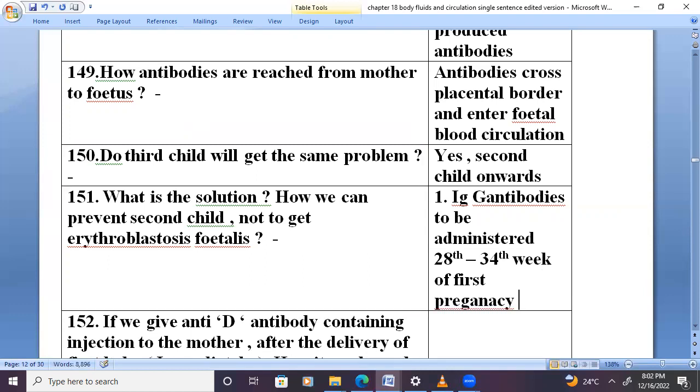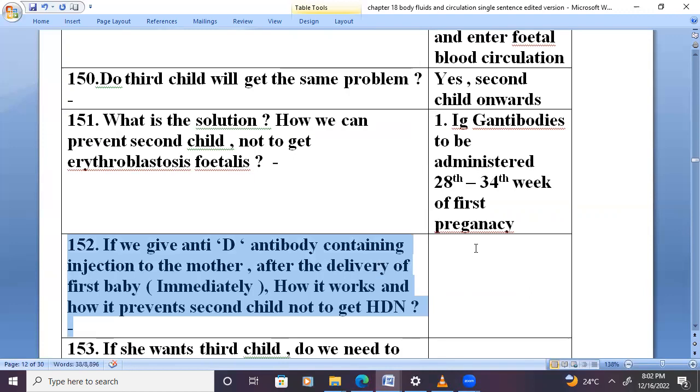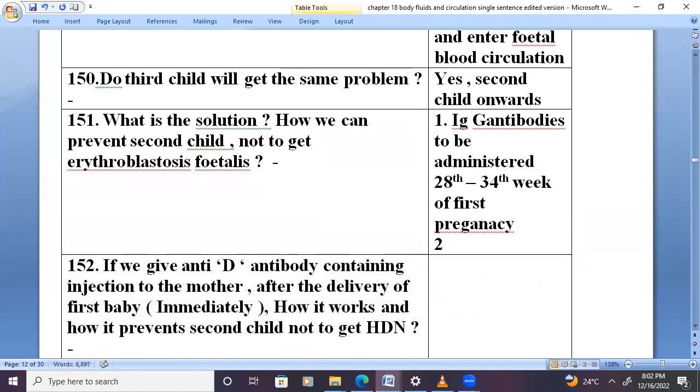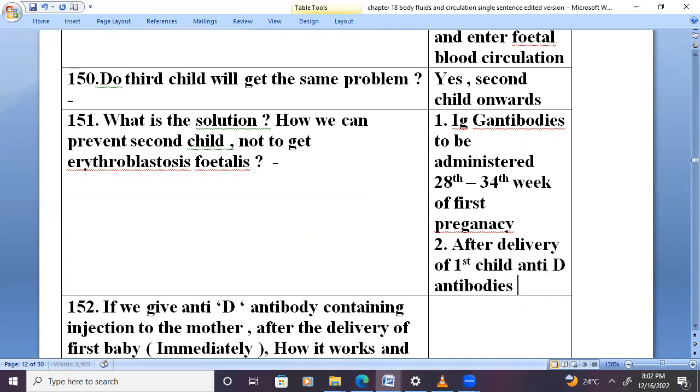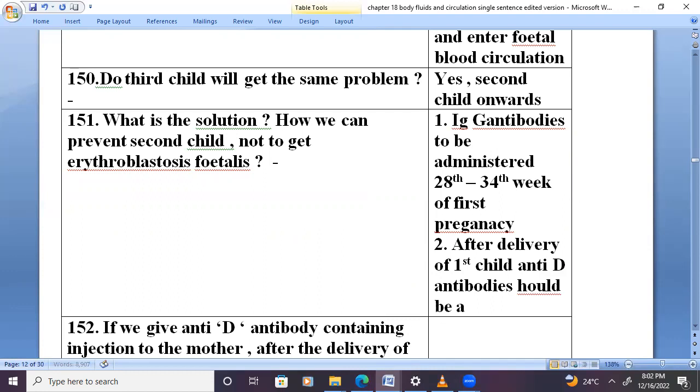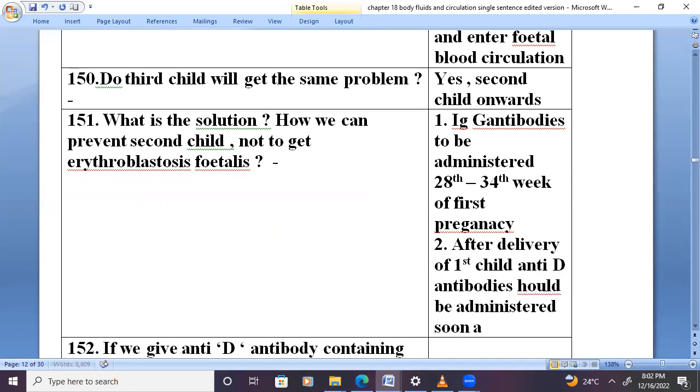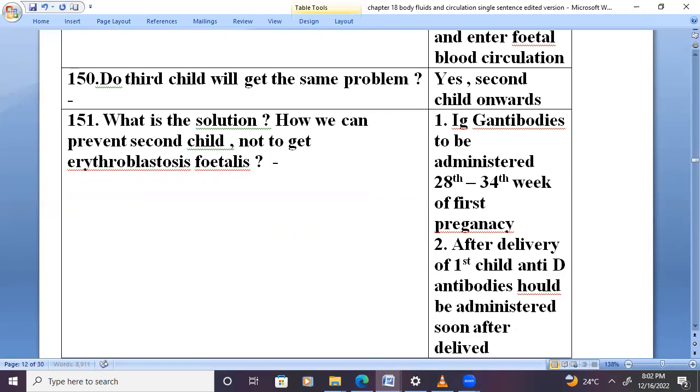Another precaution is after delivery of the first child: anti-D antibodies should be administered soon after delivery. These two are the precautionary methods.